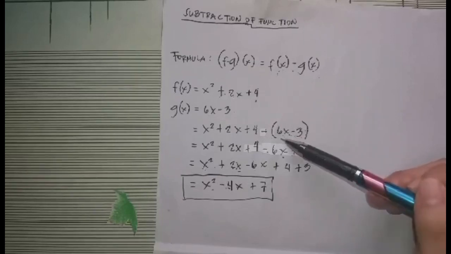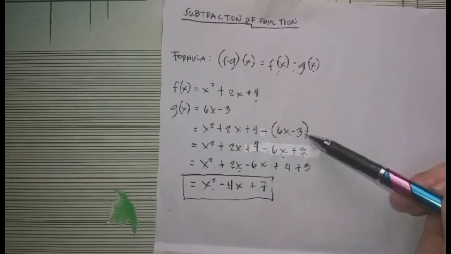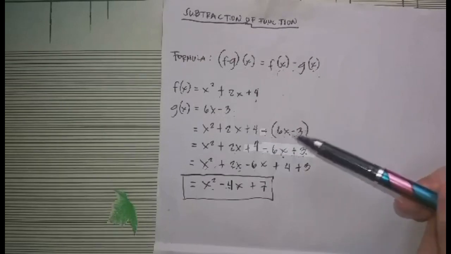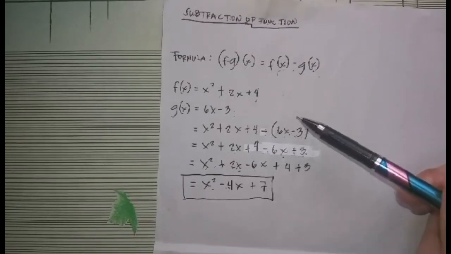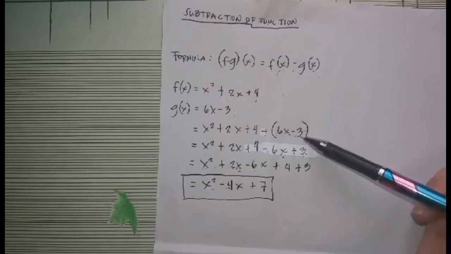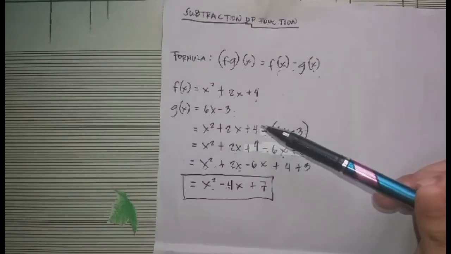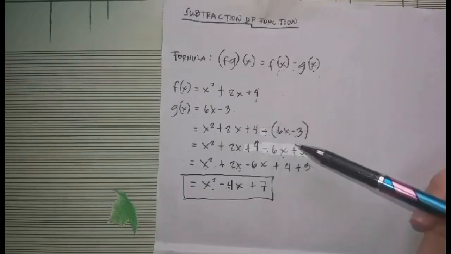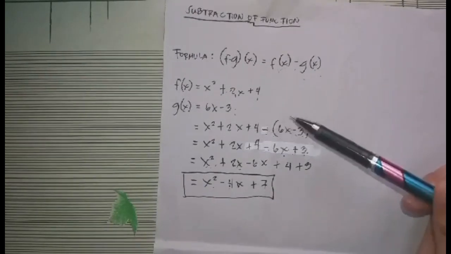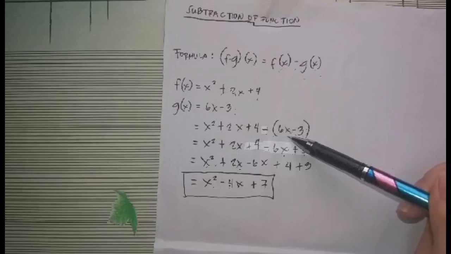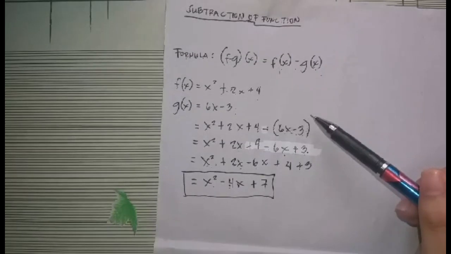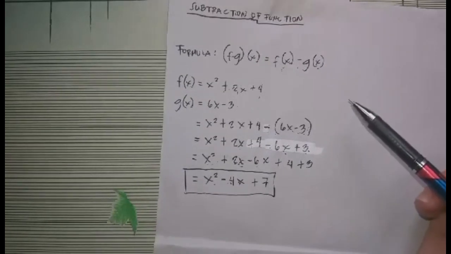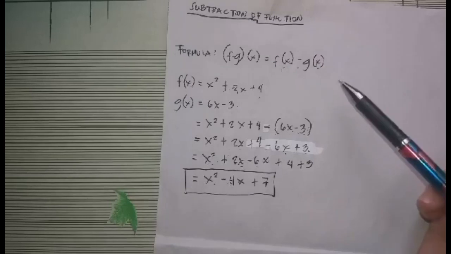Minus the quantity 6x minus 3 is different, because here is the whole g of x. Let's subtract that 6x minus 3 from our f of x. But when we don't have a grouping symbol, the only thing subtracted is 6x. So these two are not equal, and that is something we have to take note of when we subtract functions. Now we can proceed with our operations.